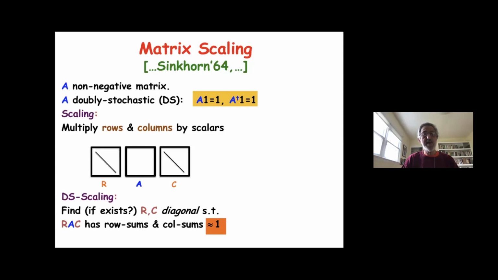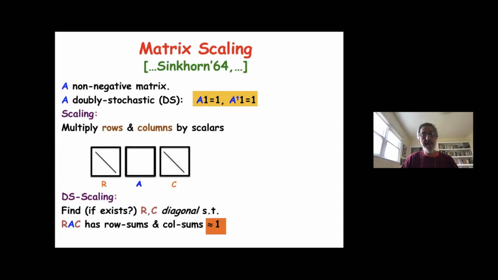I want to stress this approximately 1. You can ask for making them exactly 1, but I prefer, as you'll see, to ask them to be approximately 1, with the meaning that for every epsilon, however close you want it to be, there exist such matrices.